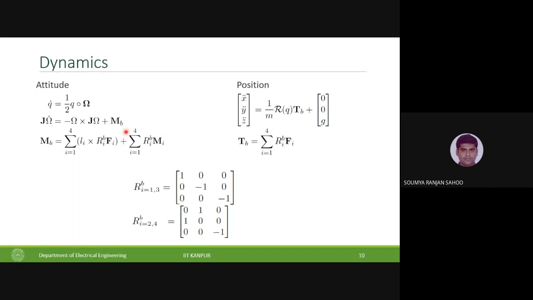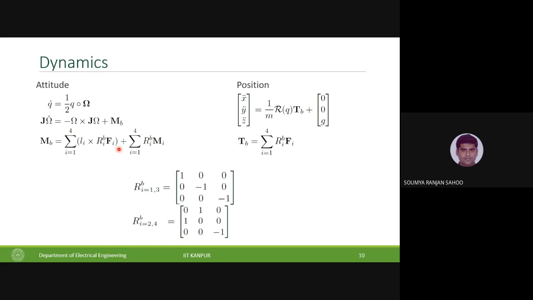We want to generate this M_B and this T_B so that I can have a desired attitude and a desired position simultaneously for this particular quadrotor. You notice that M_B is dependent on the force or thrust and the moment of the rotors, and the force vector T_B is dependent only on the thrust that is being generated.